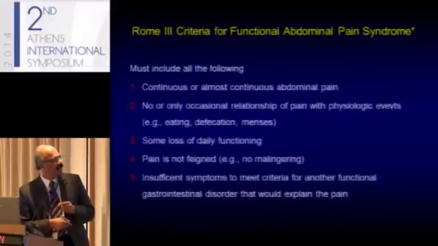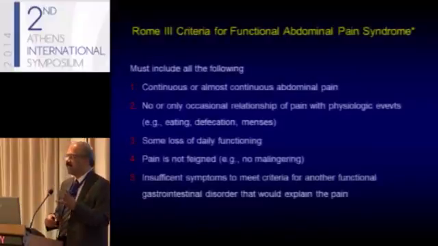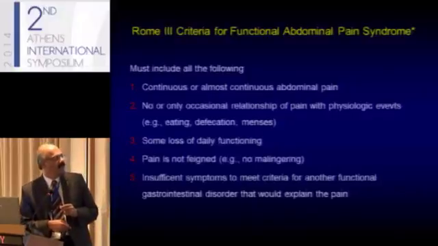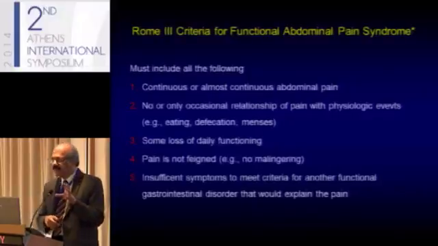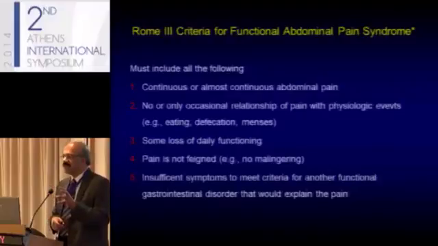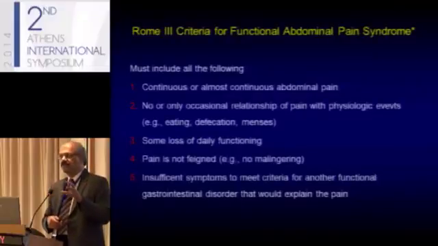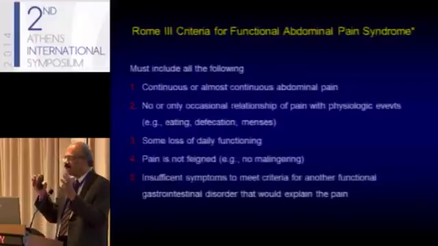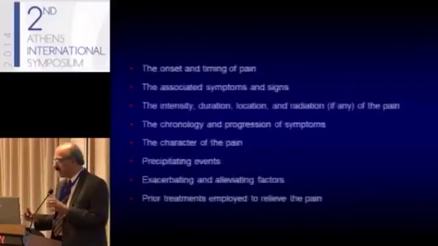These two are very important: functional abdominal pain is almost continuous, and many patients tell us they have pain throughout the day, sometimes throughout the night. So continuous abdominal pain without organic symptoms is very often functional pain, and they don't have any associated physiological changes. For example, occasionally some patients say that pain comes after food or after defecation and so on, but usually there's no relationship. These are the two important parameters that lead us to a possible diagnosis of functional pain.